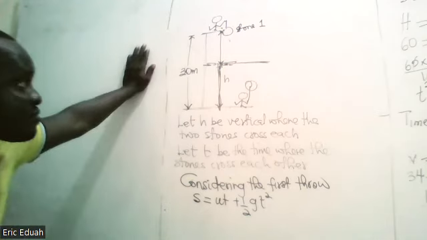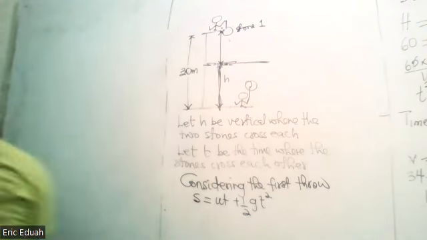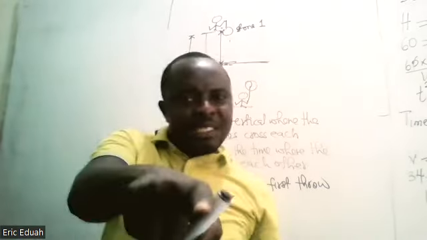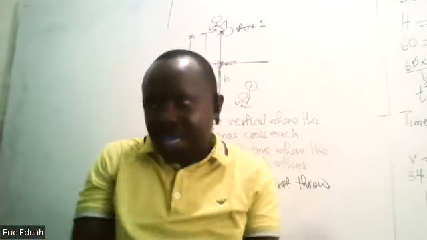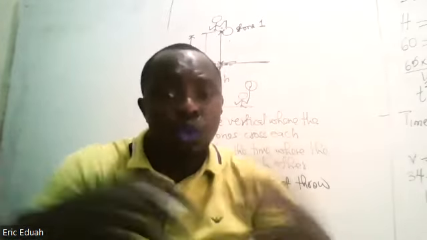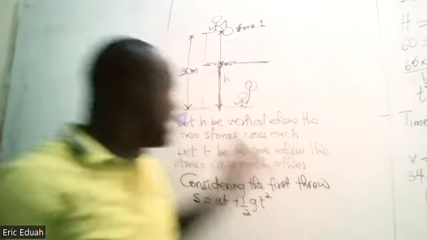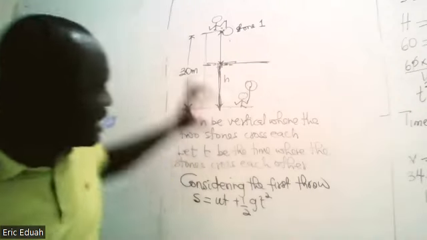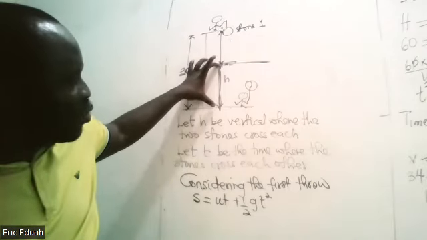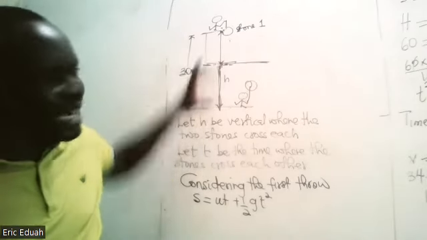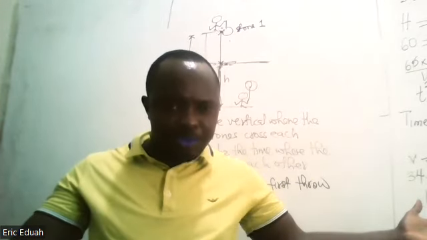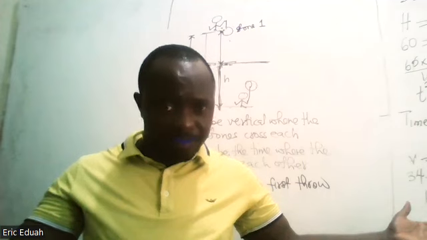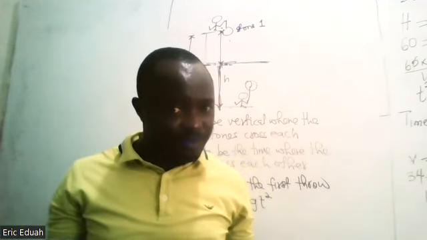Maybe half the height. You see, Kelly, you can't say so because you have no idea. If you say half, then it means you know. That is why we are only assuming that let this height where the two stones will cross each other be h. For h, we haven't been specific. Is that okay? It's just a letter.